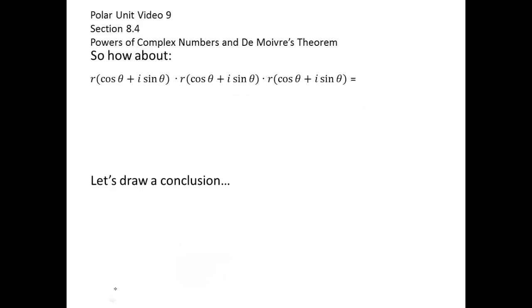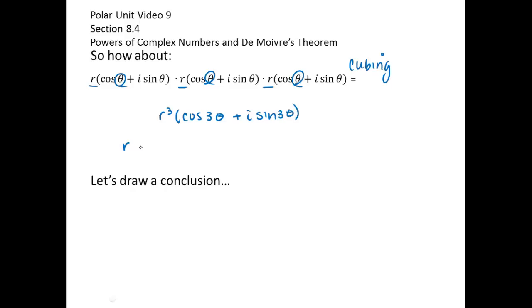Let's try it when I'm multiplying it by itself 3 times, or cubing. So if I have r times r times r, I get r cubed. And then I would have cosine of theta plus theta plus theta, or 3 theta, plus i sine of 3 theta.